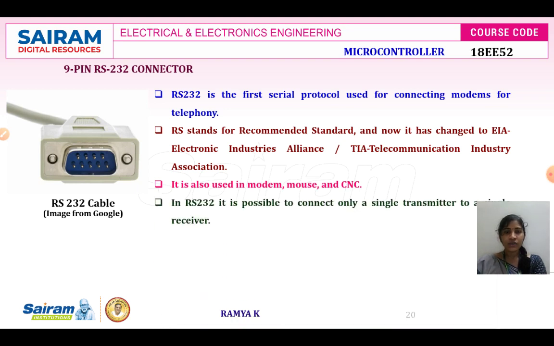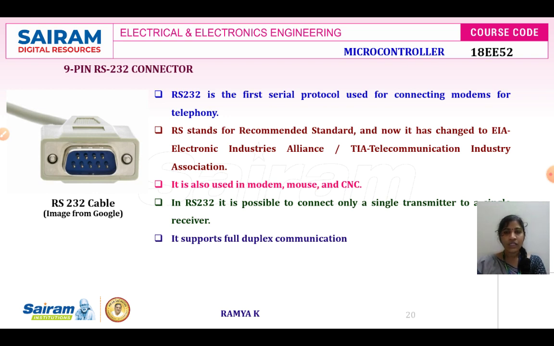So this RS-232 connects only a single transmitter to a single receiver, and it supports full duplex communication. Duplex communication means it is possible for us to send and receive data at a time. That is, a computer can give a command to the hardware kit, and the hardware kit can respond to the same command, and if any feedback is required, it is again reverted back to your computer.